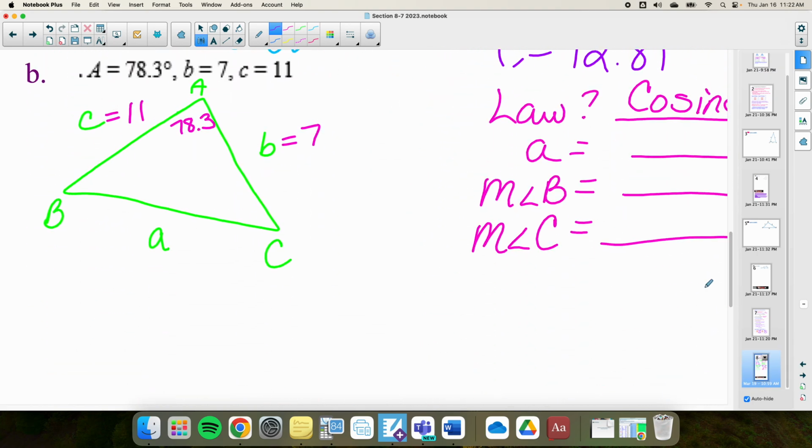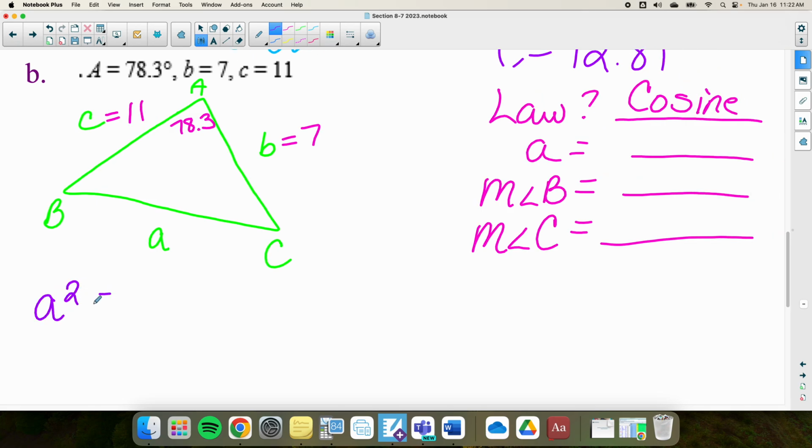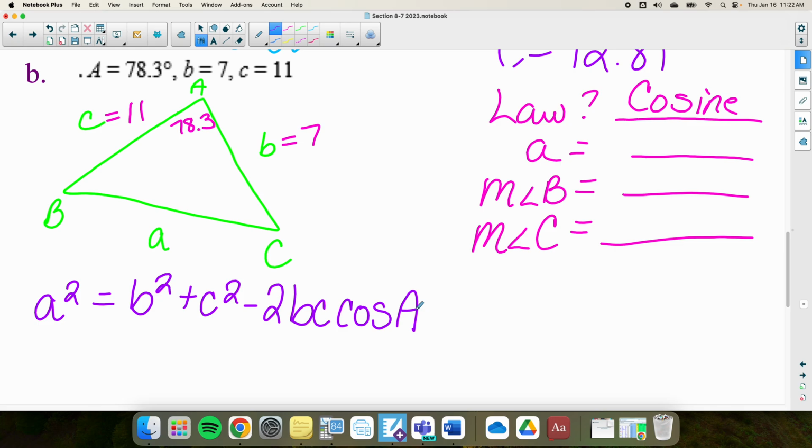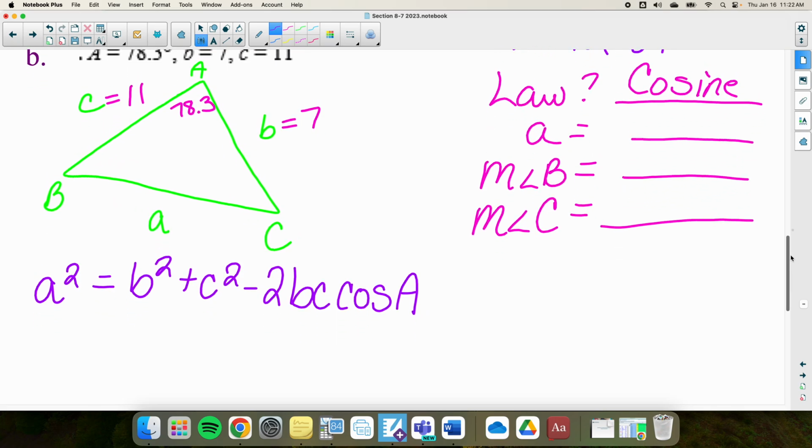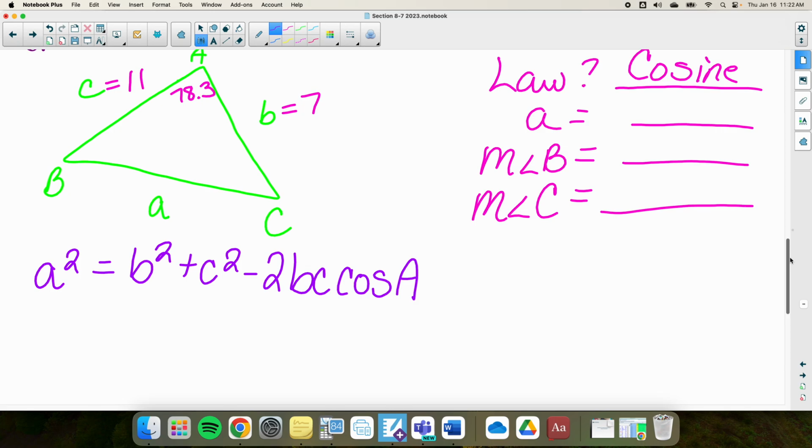It is a squared equals b squared plus c squared minus 2bc cosine of a. Do you want to check to make sure that's correct? It is. Okay. Now I'm going to substitute in what I know. I'm looking for little a.